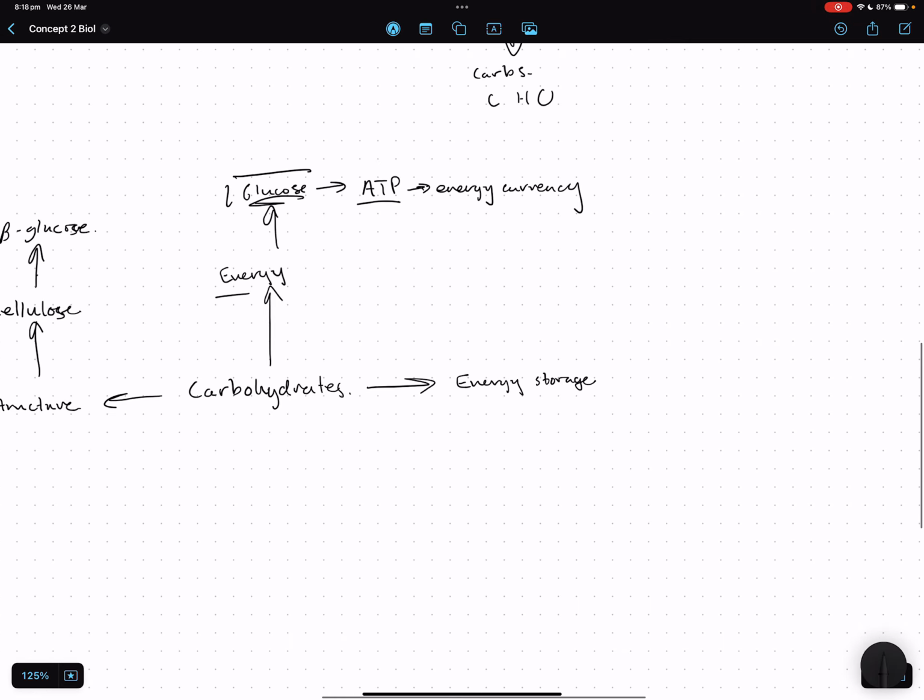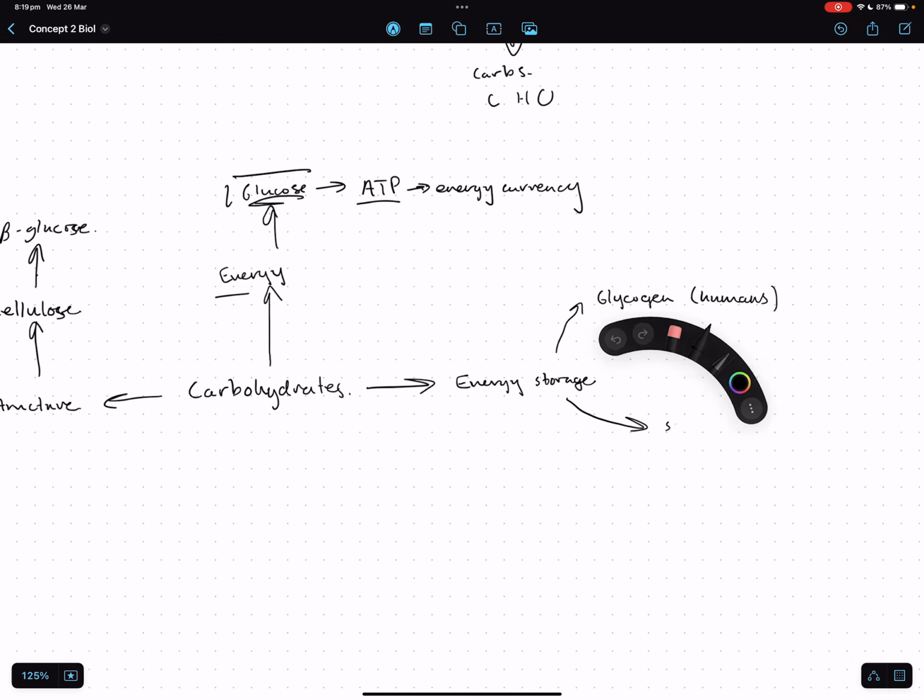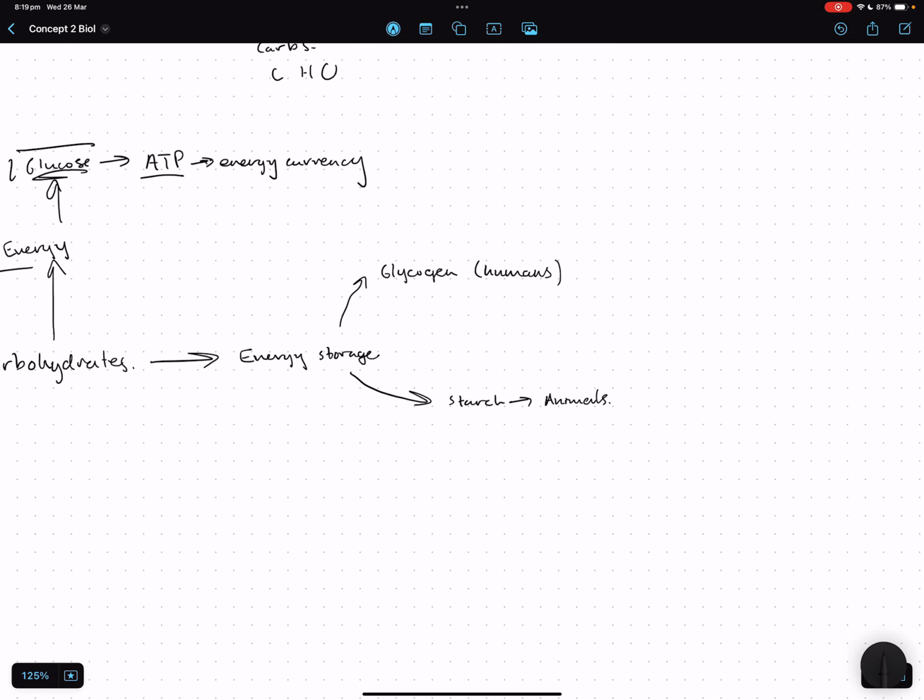So energy storage, for example, we have glycogen for humans, and we have starch for plants, that's what I meant to say, for plants.